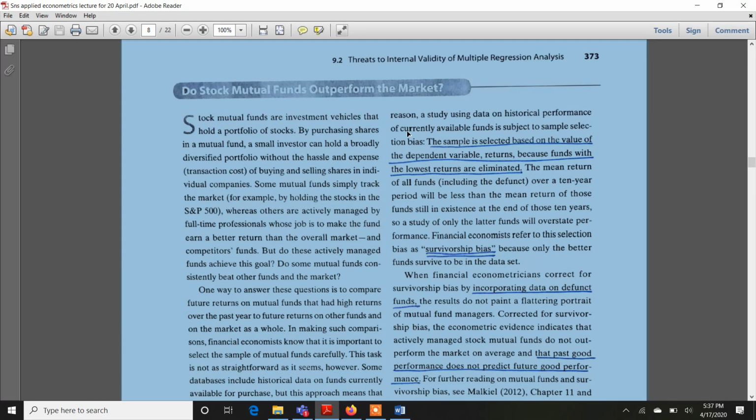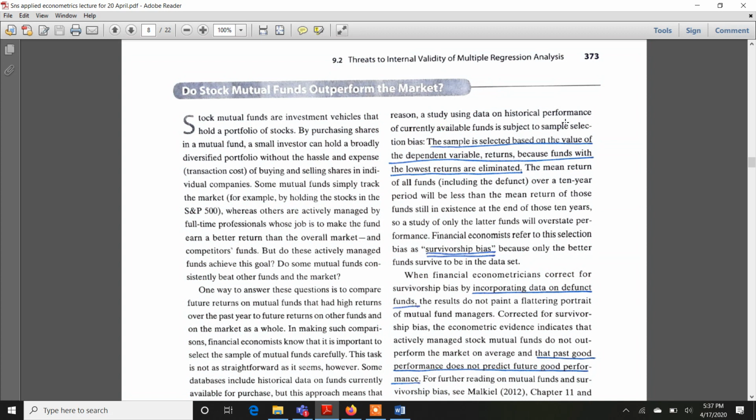So for this reason, a study using data on historical performance of currently available funds is subject to sample selection bias. Now, what does that mean? The sample is selected based on the value of the dependent variable, returns. Why?